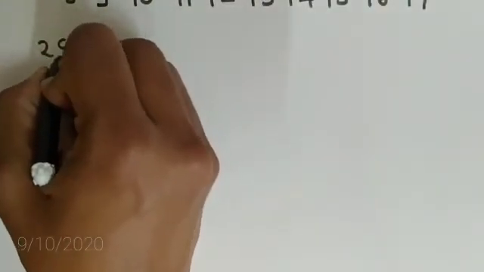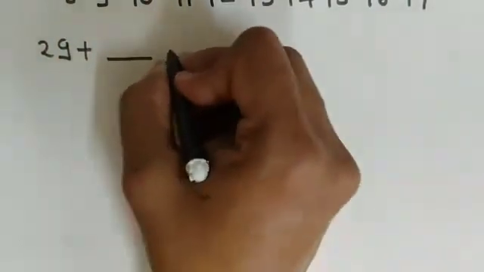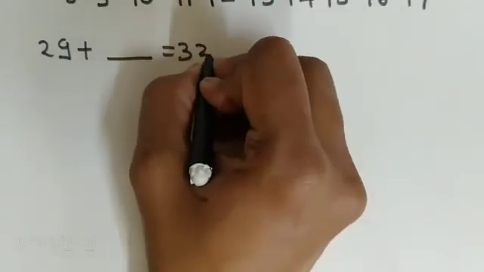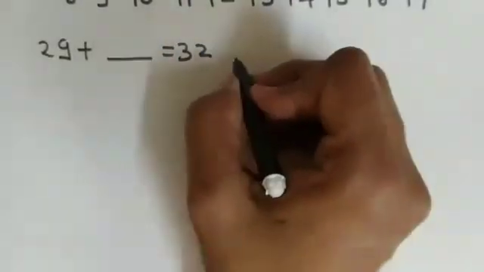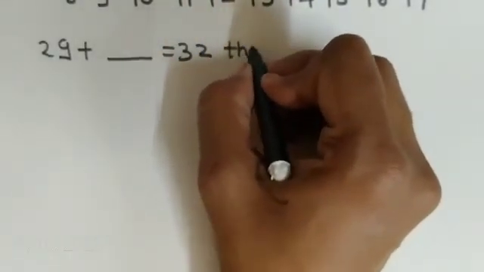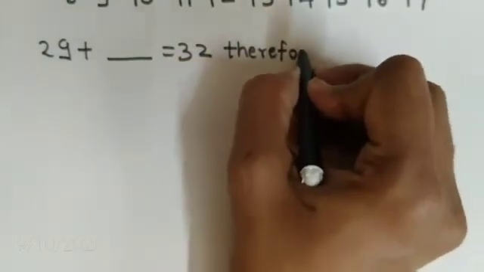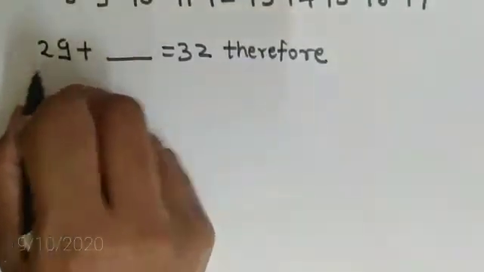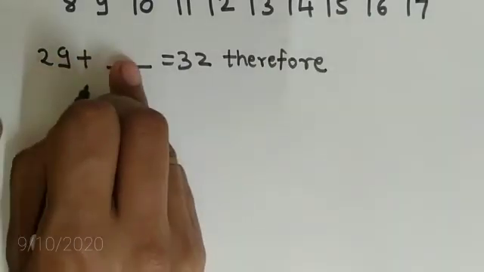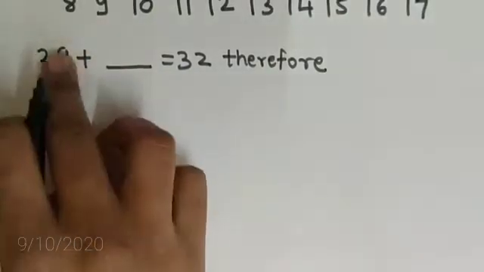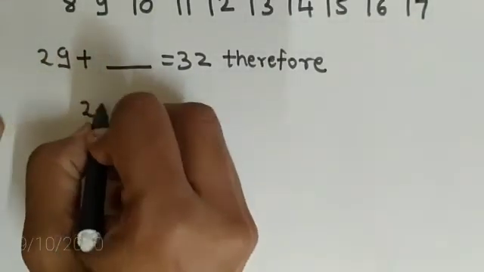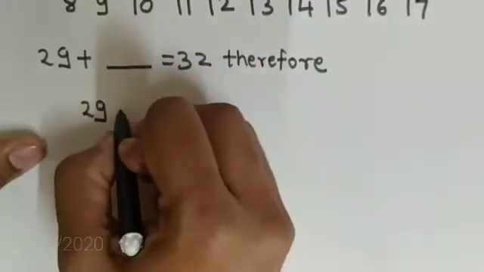Here we have 29 plus something, and first we will find out what we have to add. You can do by counting forward, or you can do by subtraction also.